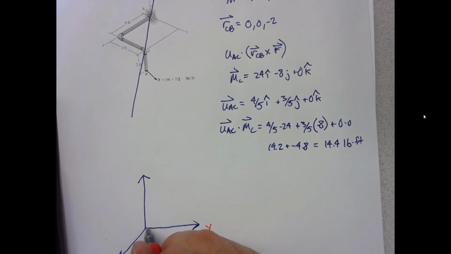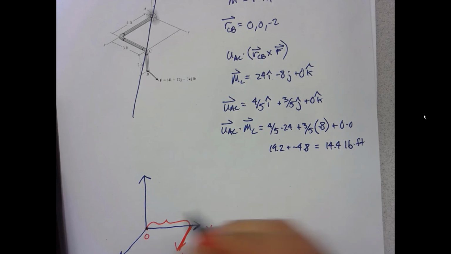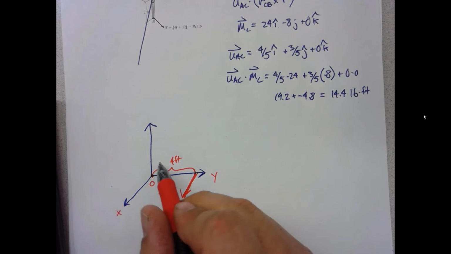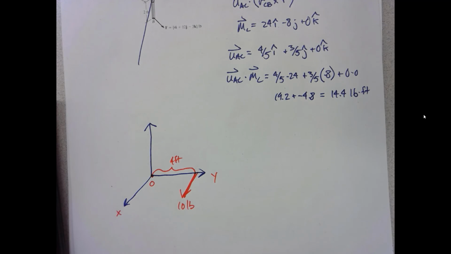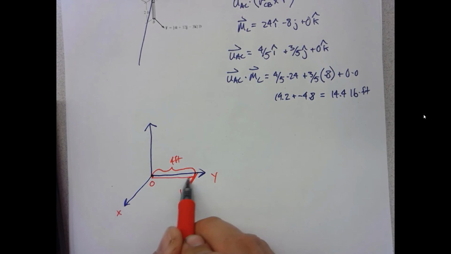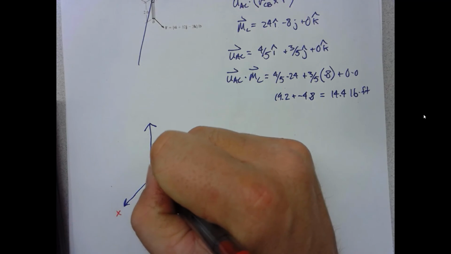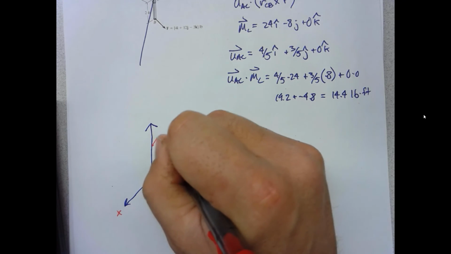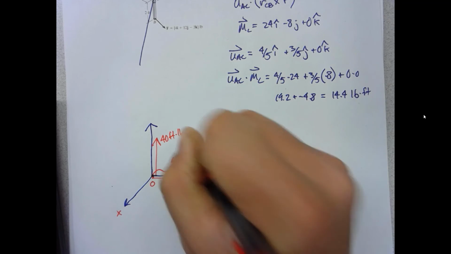If this is my origin, and I have a force acting purely in x of 10 pounds, acting a distance of 4 feet away, then the moment is 40 foot-pounds. If I did the cross product r cross F, I'd get that it is in the z direction with 40 foot-pounds.